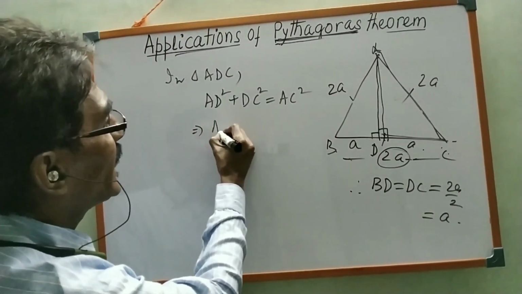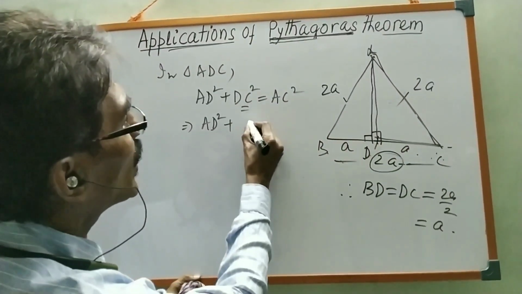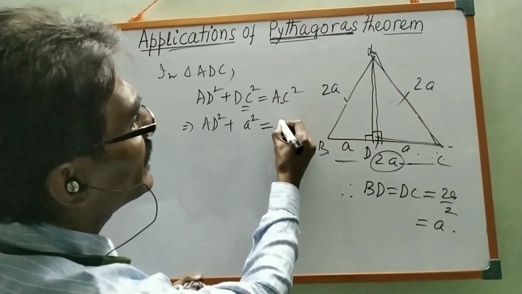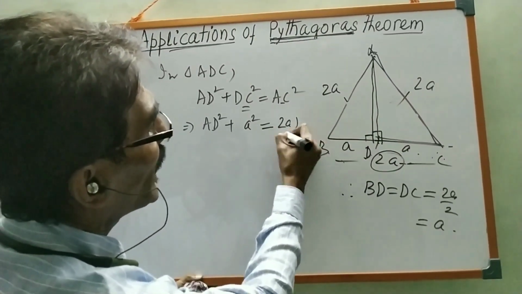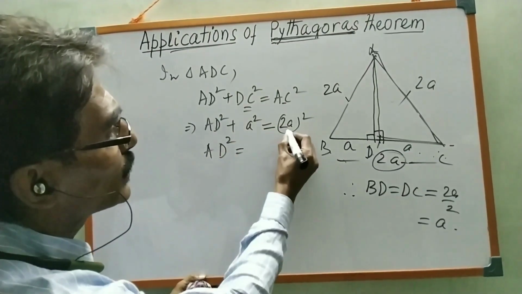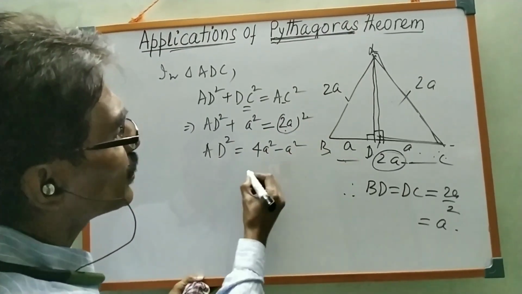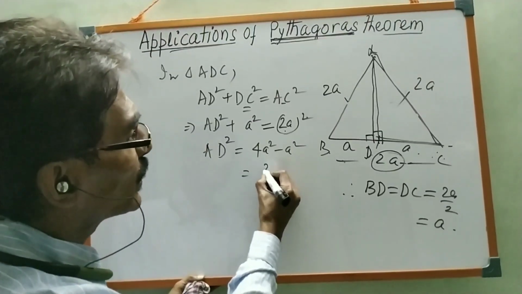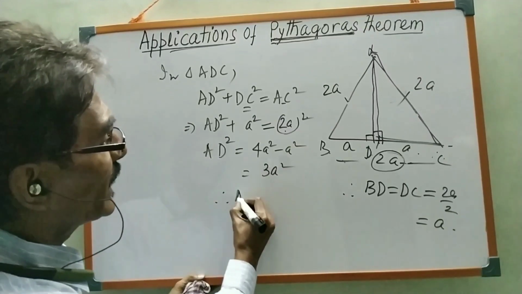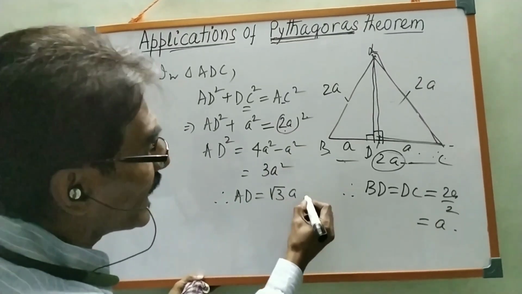That is AD square plus A square equals AC, that is 2A whole square. So AD square equals 4A square minus A square, that is equal to 3A square, and therefore AD equals root 3 A.